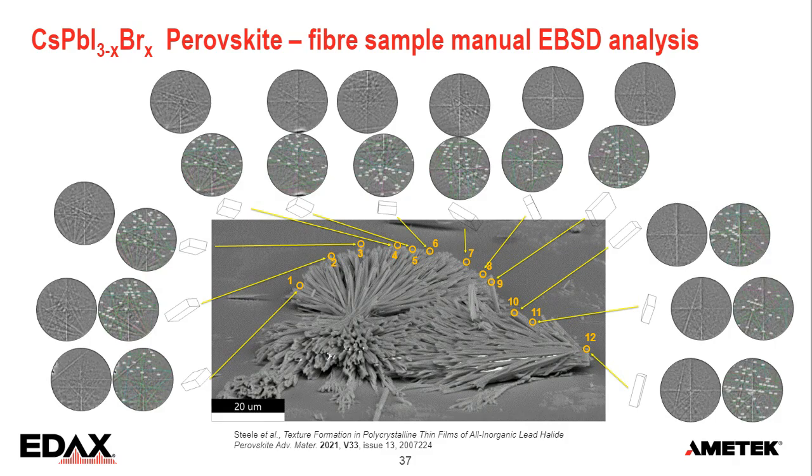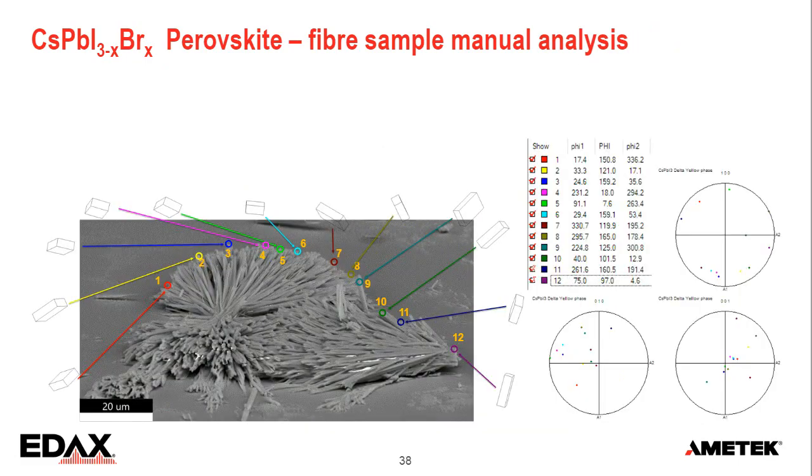In some cases, like here, let's say on the top center, the bands are very weak, but we can just recognize them, and manually you can just draw them in and get an orientation display. And we can also plot these in a pole figure, and they show very, very similar distributions as those sintered areas that we saw before.